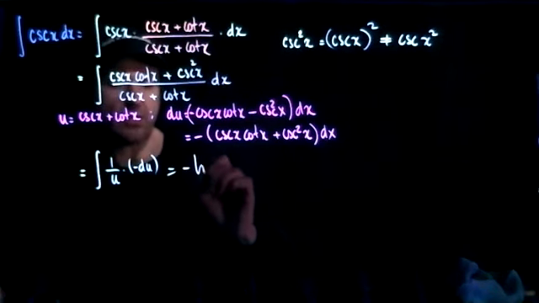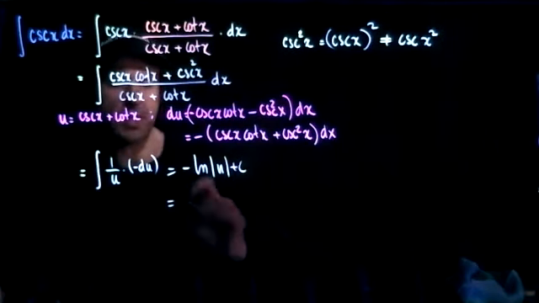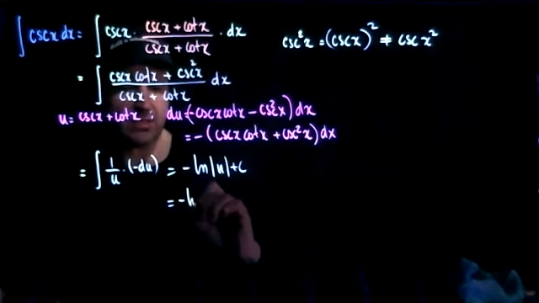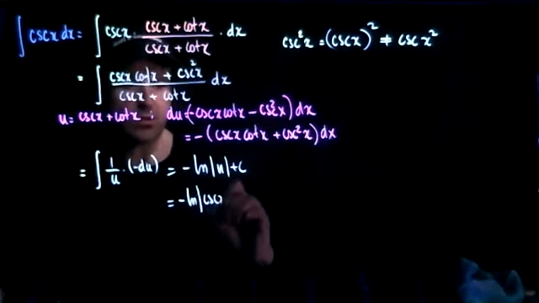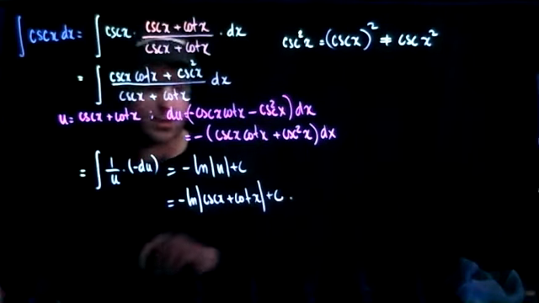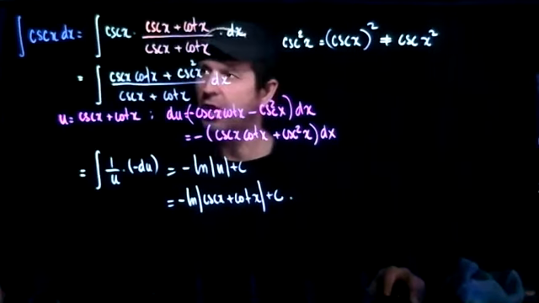This is negative ln absolute value of u plus c, and I replace u back by cosecant plus cotangent, so I get negative ln of cosecant x plus cotangent x plus c, and that is the integral of cosecant.